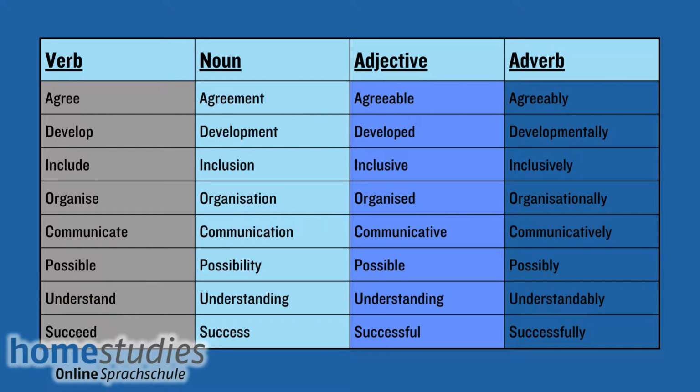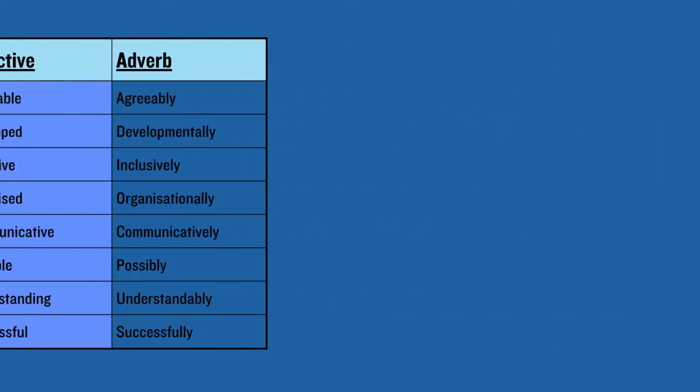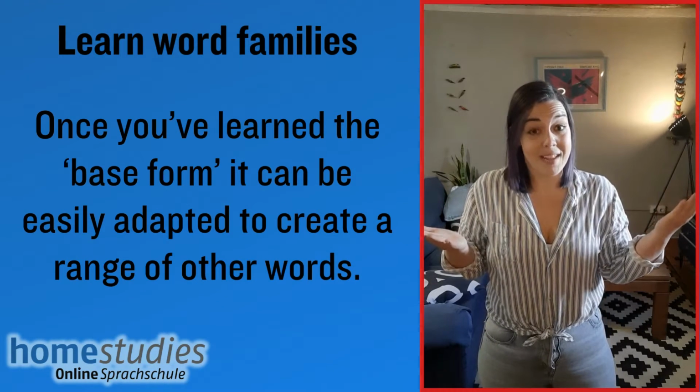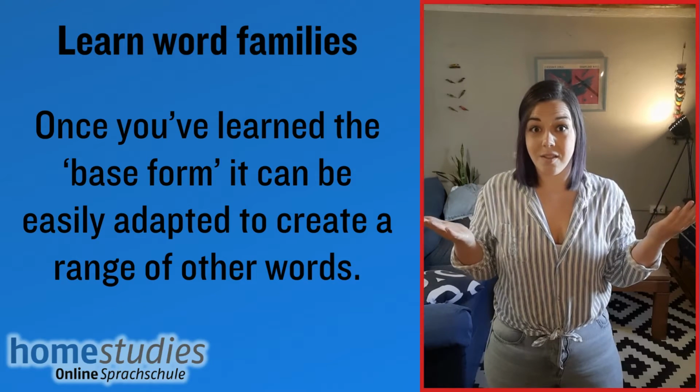Successful or unsuccessful. So you can see, simply by learning one key base word, you have expanded your vocabulary already, just by learning that one word and the different changes that you can make to apply it to different situations. So from that one base word, we've practiced 4 new words.